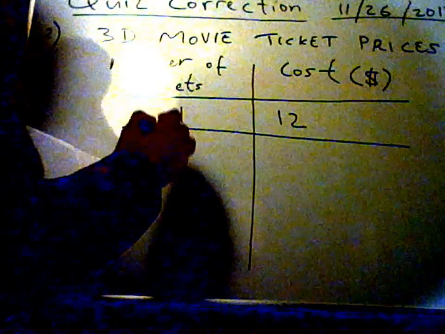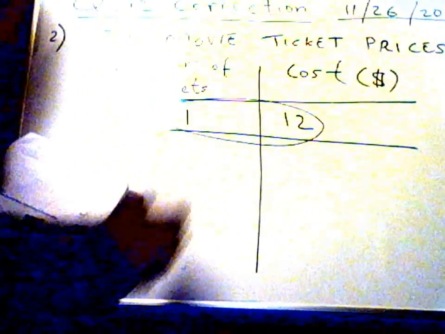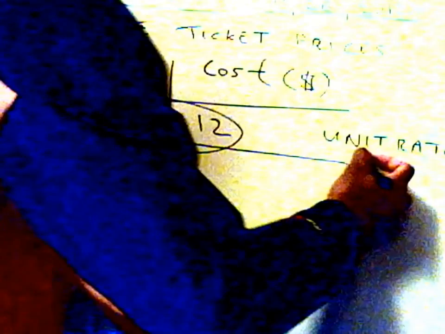And by the way, this right here would represent the unit rate. So this row would tell us about the unit rate. The unit rate is $12 per ticket.